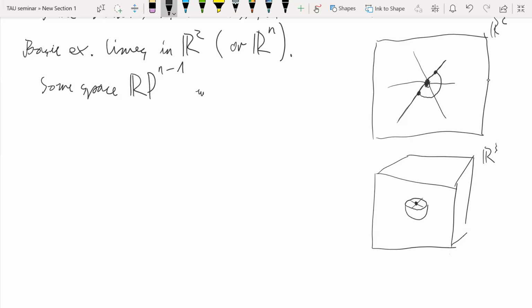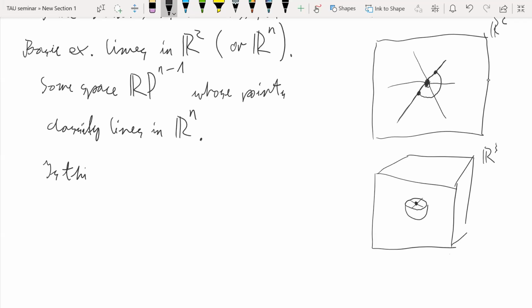And let me say that its points classify lines in R to the n. Okay. But here's the question, and this is kind of the most important question in this theory.